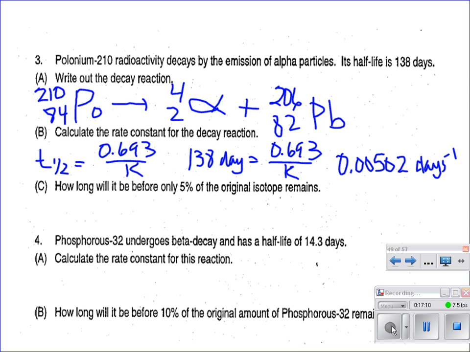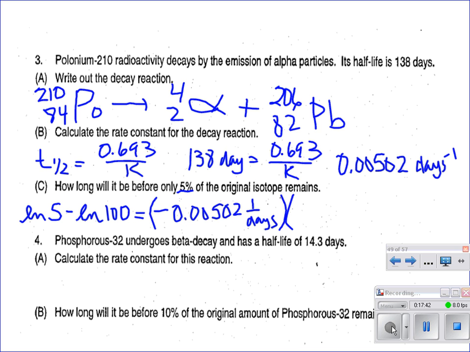So the next question is, how long will it take before 5% of the original isotope remains? So that's how much is at the end. We assume 100, so what would our original amount be? 100. So ln of 5 minus ln of 100, it's a minus a naught being the original, equals negative k, 1 over days, times t, which we're going to solve for.